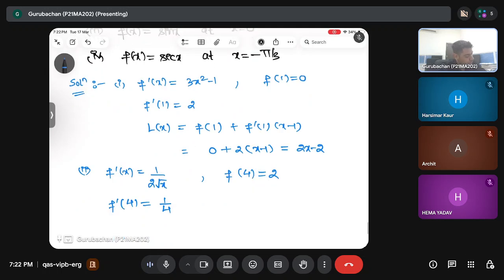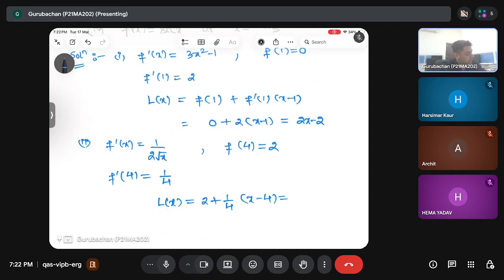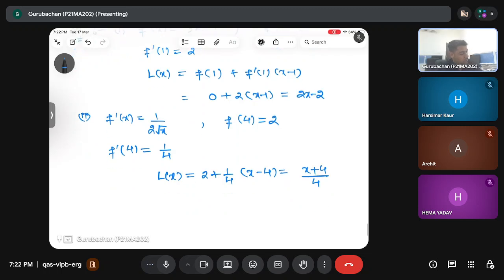So by the linearization this will be 2 plus 1 by 4 into x minus 4, which will give us x plus 4 by 4.